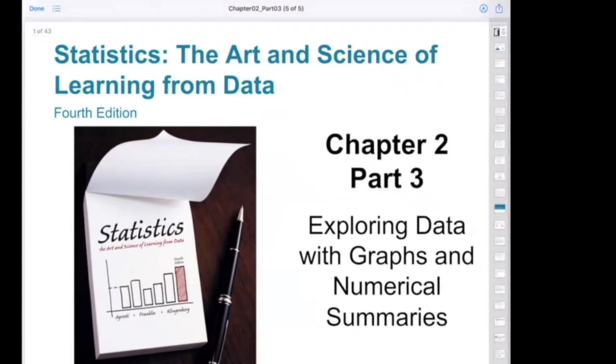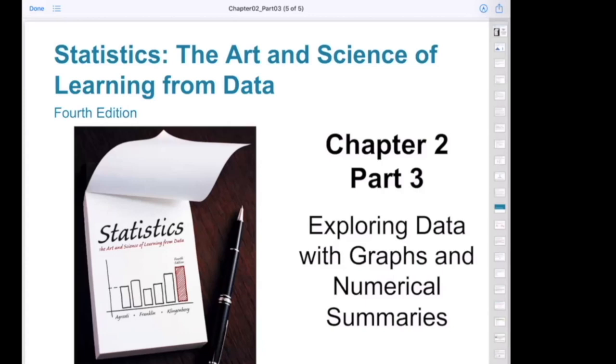Chapter 2, part 3. In this chapter, we continue our measures, because the center of the data is not the only measure I need to describe the distribution. I need something else.